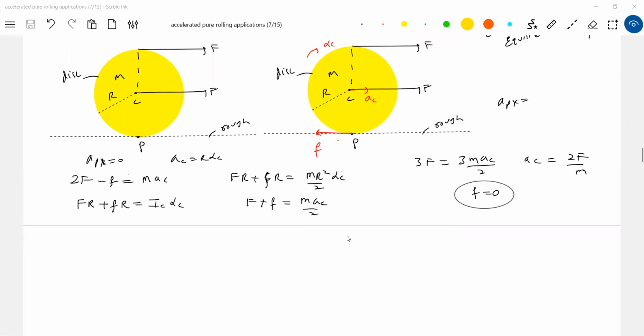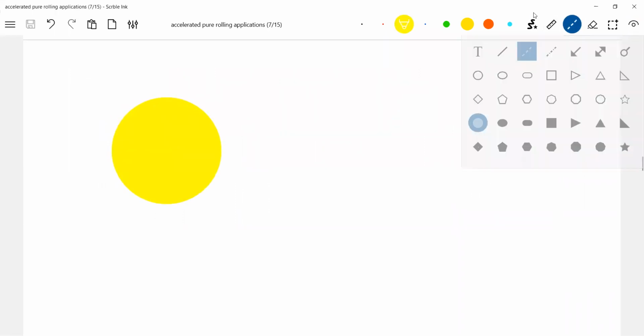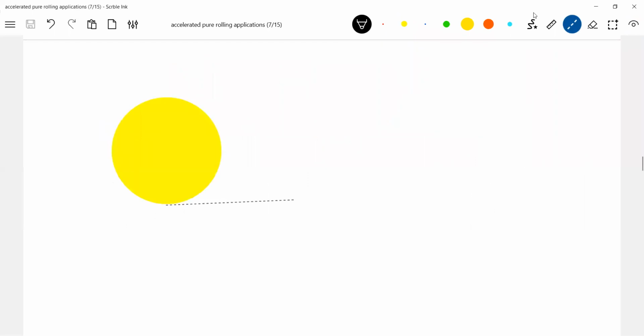Okay, that is about what you have seen here. Let me take another problem. So there's a general idea a student has to develop here. Sir, you applied a force. Can you apply force in this way?